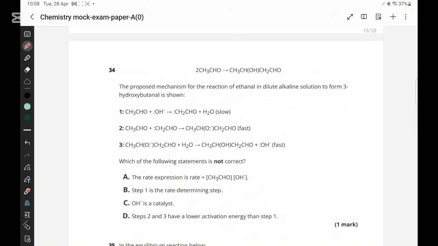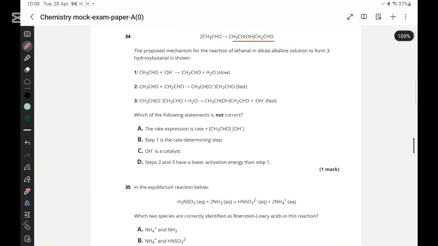So the next question, 2CH3CHO is forming this as a product. The proposed mechanism for the reaction of ethanal in dilute alkaline solution to form 3-hydroxybutanal is shown. First is a slow step.